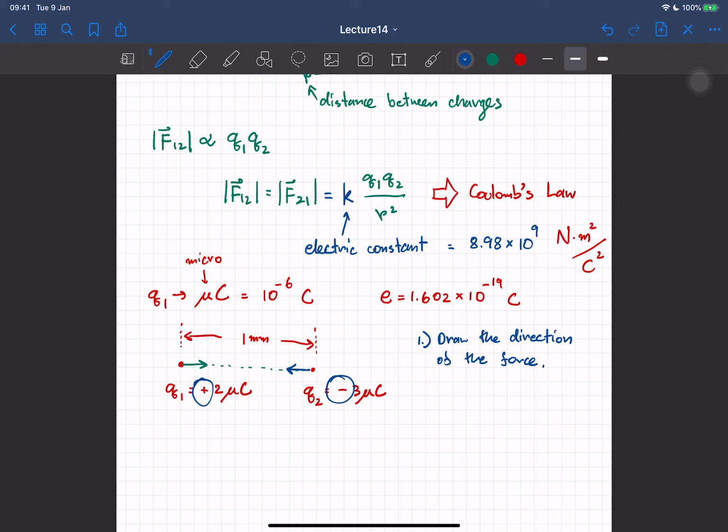So opposite sign, they attract, so the force points in this direction. And now it's probably good to write down whether this is F12 or F21. So this is F12, because it's the force on Q1. And this is F21, so it's the force on 2.